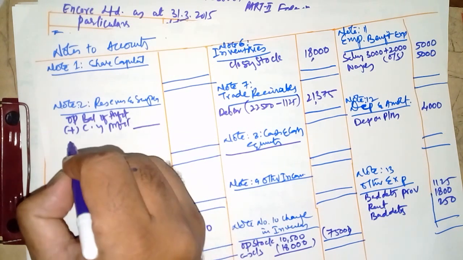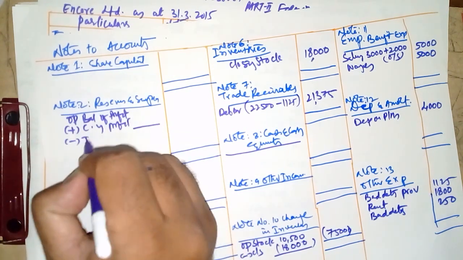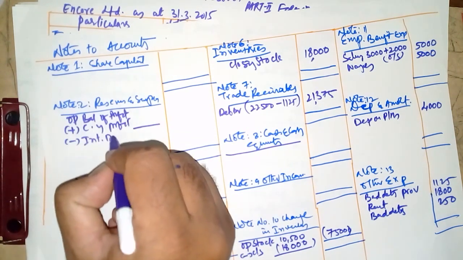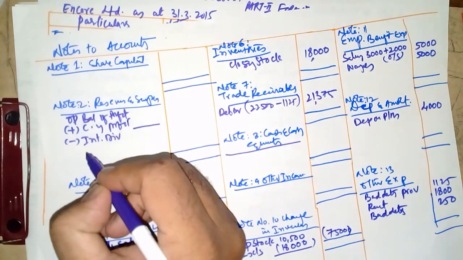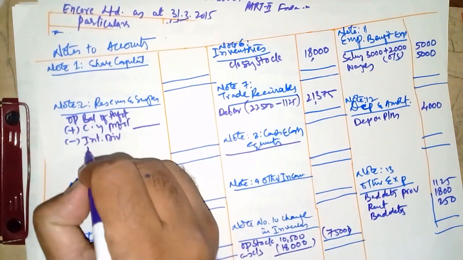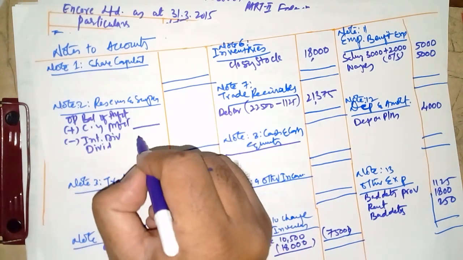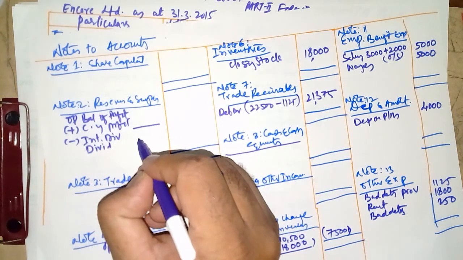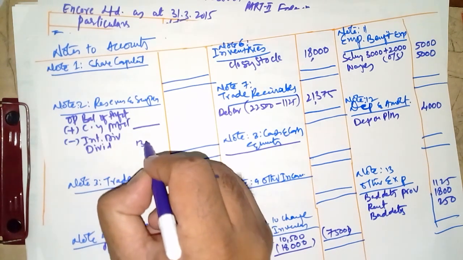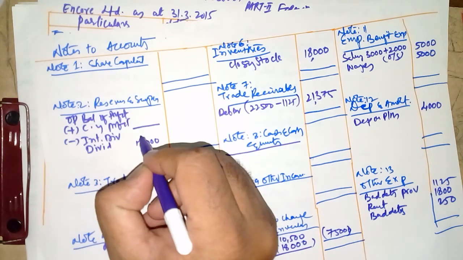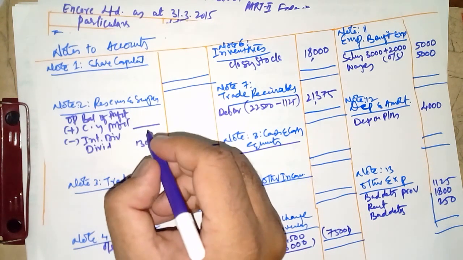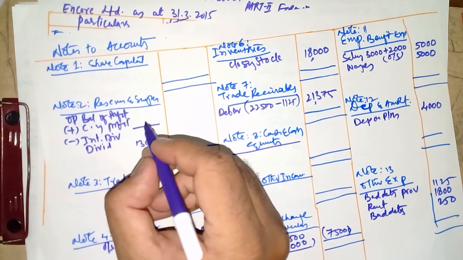From this we will deduct interim dividend and one more dividend paid. Two dividends we have given. So interim dividends, how much is it given? Dividend is 13,000. Then interim dividend we have given 8,000. Sorry.